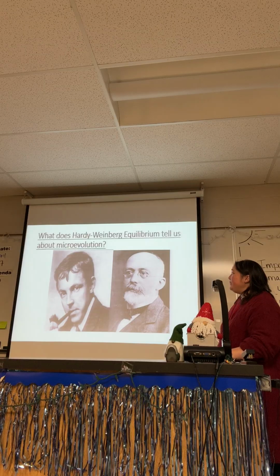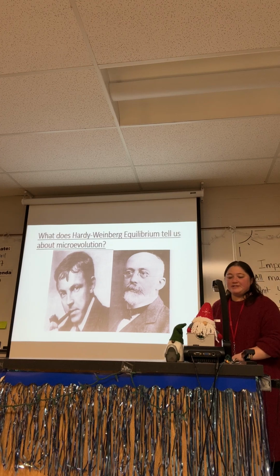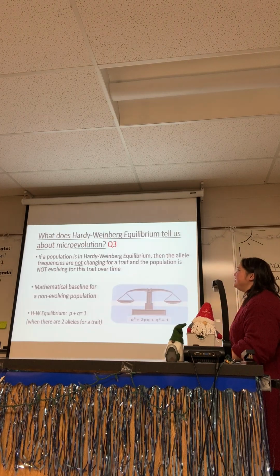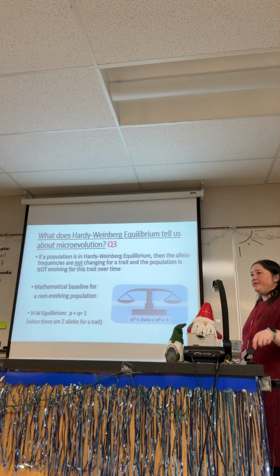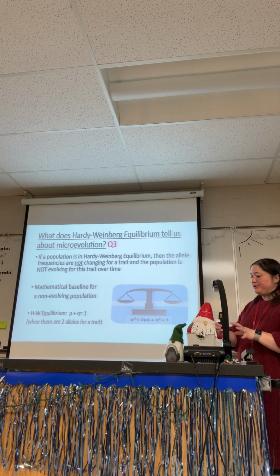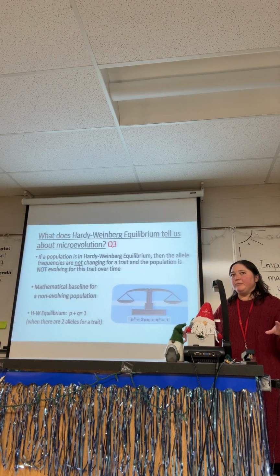So Hardy-Weinberg equilibrium, these are the two scientists who came up with this equation, really. What we're looking at with the Hardy-Weinberg equilibrium theory and the equation is basically our allele frequencies. When we're in Hardy-Weinberg, our allele frequencies aren't changing.